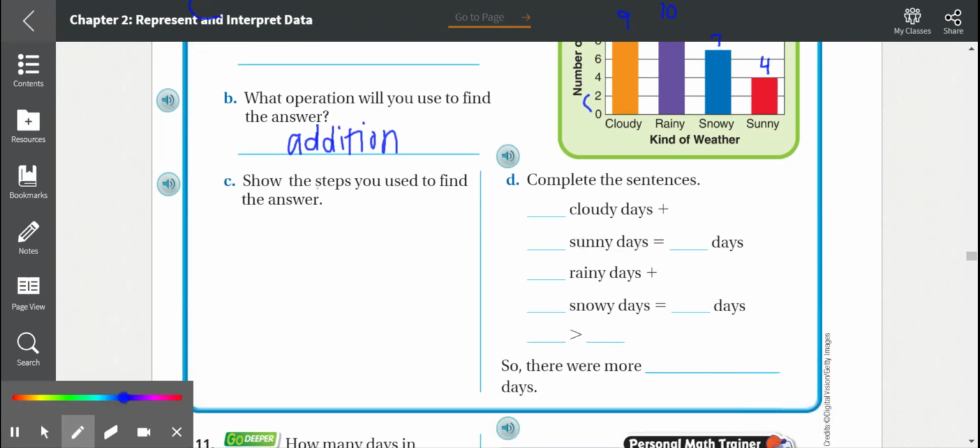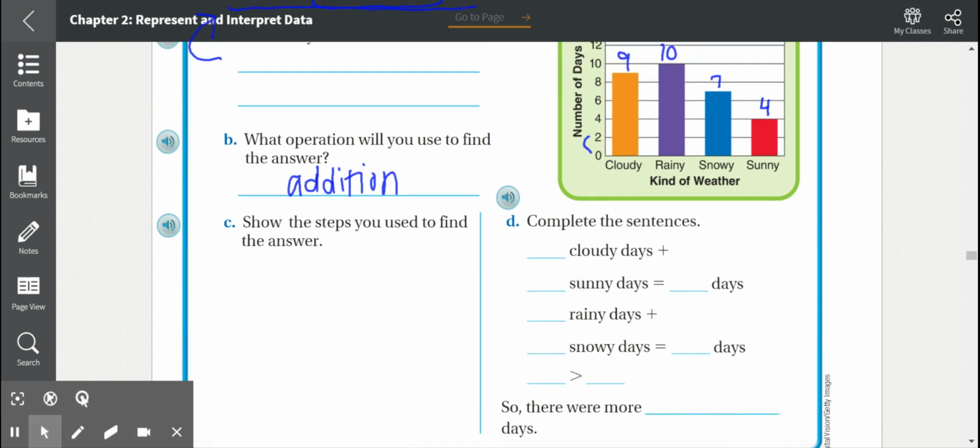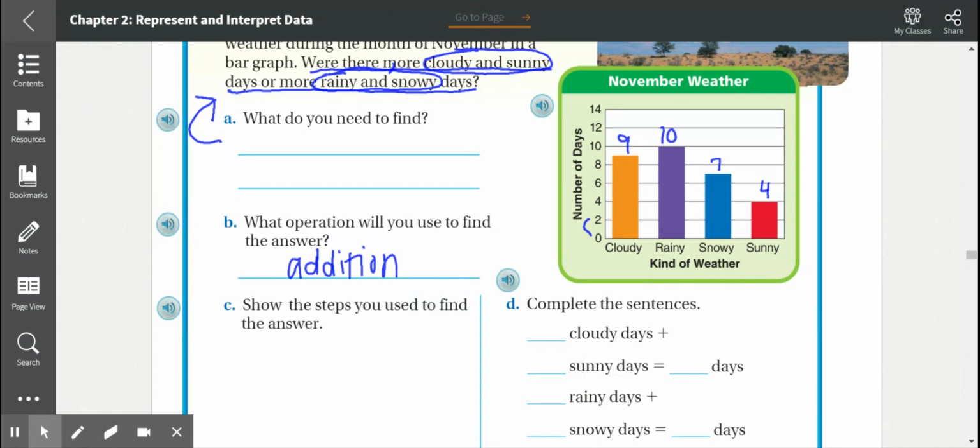It says, show the steps you use to find the answer. Okay. So we're going to be using our bar graph a lot here. So first, we need to combine cloudy and sunny. Cloudy, here it is. Cloudy is 9 plus sunny is 4. Okay, 9 plus 4. Figure it out.